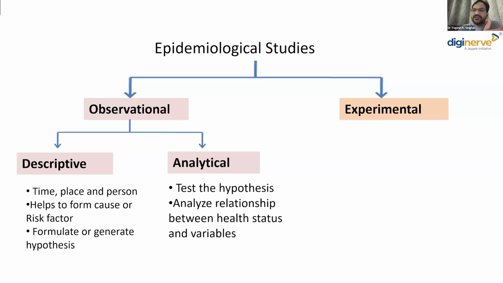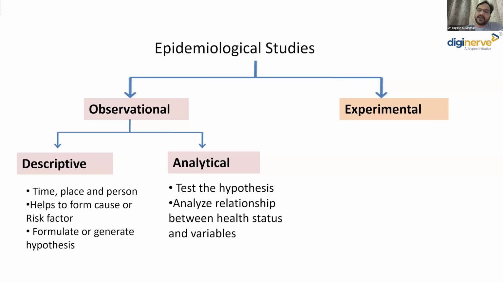Time is the relation of the disease with time, meaning relation with the incubation period, seasonal trend, or secular trend. Place means geographical distribution of the disease, rural-urban distribution. And person means distribution of disease according to gender, racial factors, and genetics. All of this is part of descriptive studies.